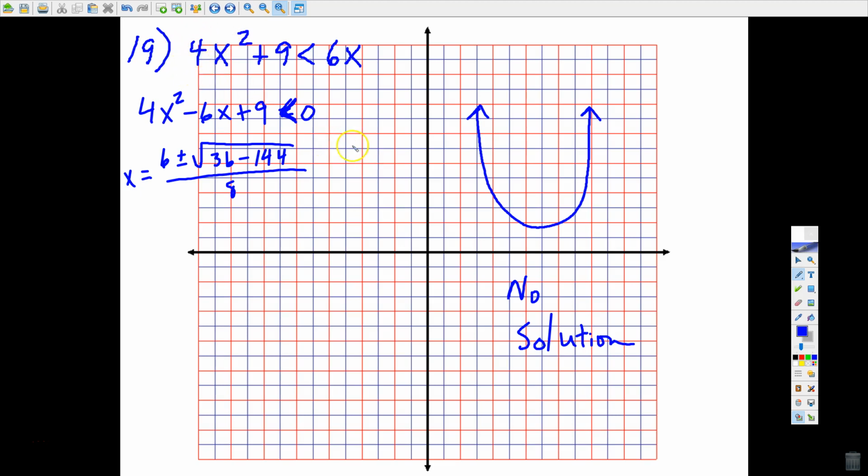If A is positive, it opens up. If A is negative, it opens down. And then you can tell your answer is either going to be no solution, like this, or if this had said greater than, meaning what points on this parabola fall above the x-axis, then we would have an all real numbers solution. So it's got to be one or the other for a negative discriminant.